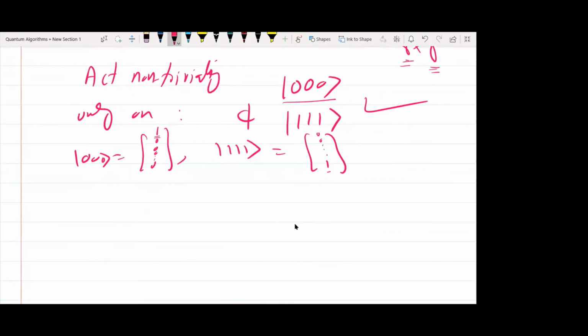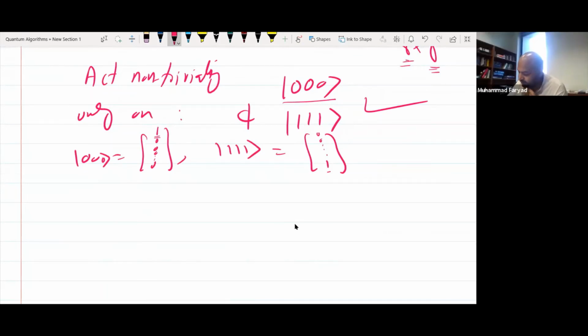Okay, so now the trick to implement this U is what is called Gray code, and it works like this. So suppose you have this 0-0-0. So you write it like this. Let me write, this is some qubit A, qubit B, qubit C. And then you go from this to this by changing only one qubit state.